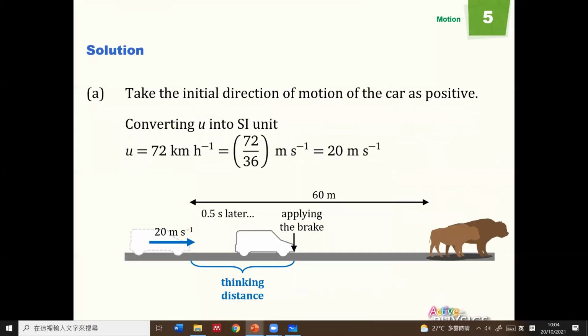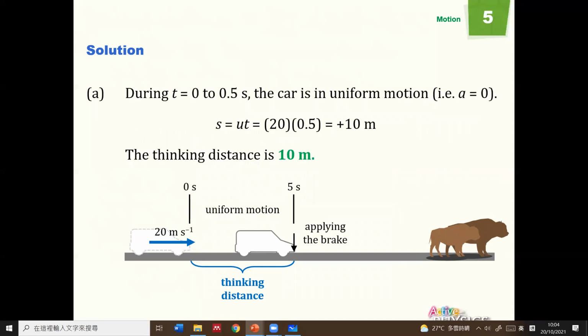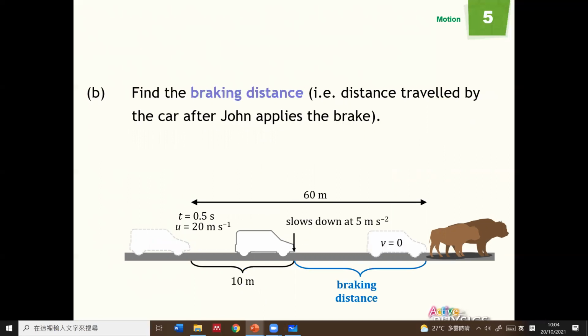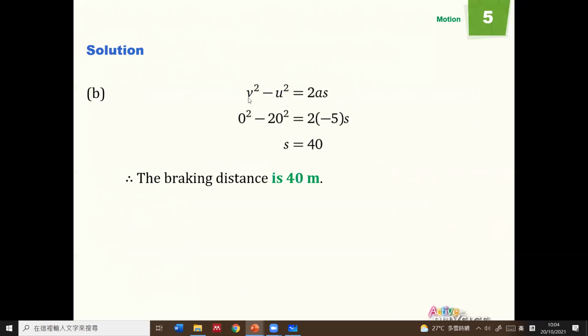Okay, so the thinking distance is 10 meters. The braking distance: after 10 meters, it starts to brake, right? So apply the equation we learned, V squared minus U squared equals 2AS.